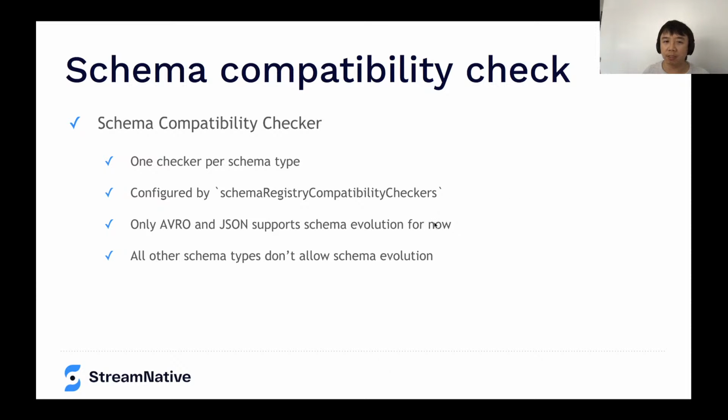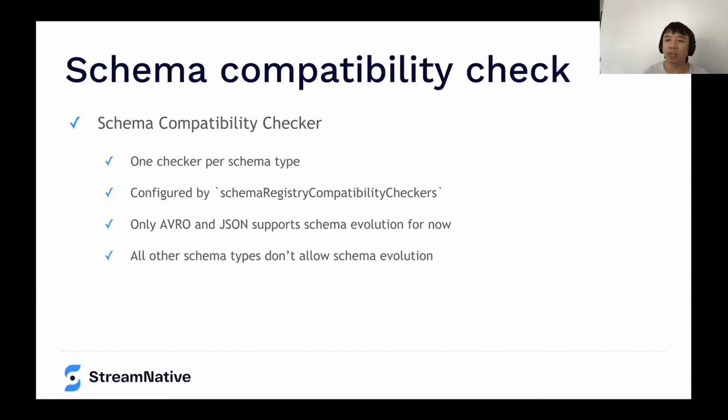It's configured by these schema registry compatibility checkers. So if you want to implement your own schema compatibility checker, you can just implement that interface and add it to this configuration. As I mentioned, the model is one checker per schema type.